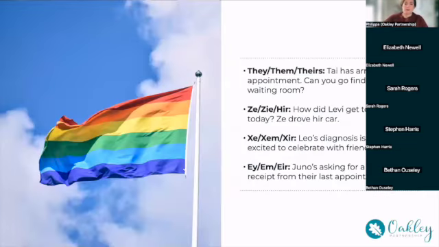When we talk about pronouns and we talk about neopronouns, I've put some examples here of neopronouns and how they might be used in clinical practice. So situations where you might need to know, how do I use that in a sentence, or, what does it mean? Also on a note, the ze and the zem, they sound very, very similar.